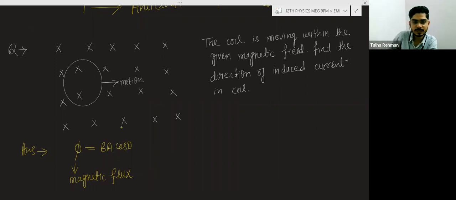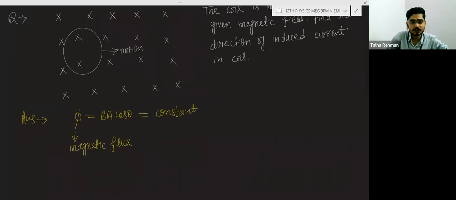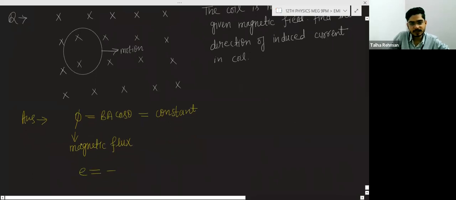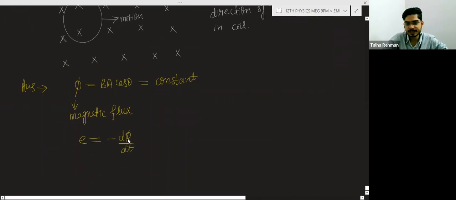So the magnetic flux will be constant when the coil is moving within the magnetic field. If the flux is constant, there will be no induced EMF, because d phi by dt is 0, no change in flux.